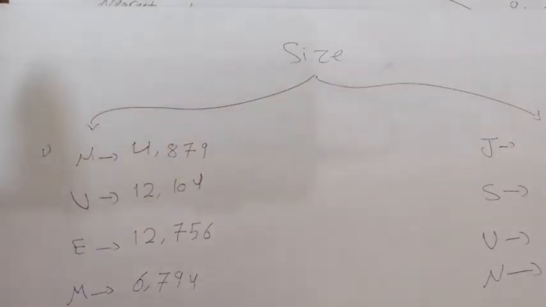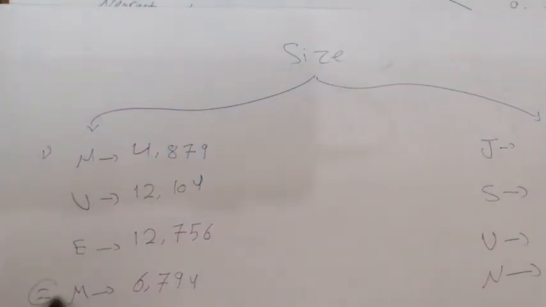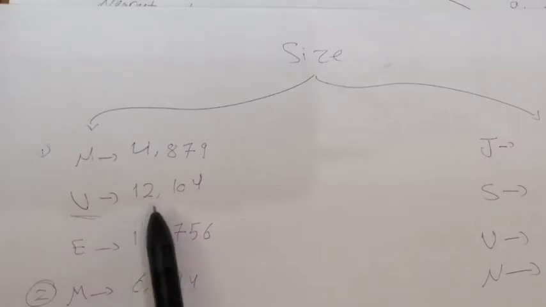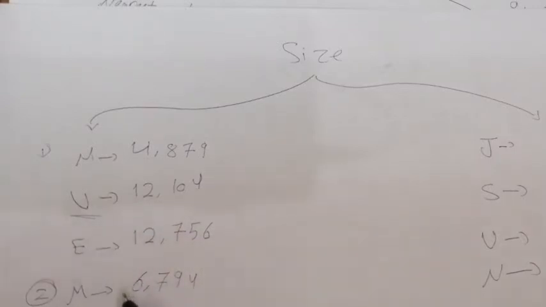Okay, I'm talking about the size, by the way. Then, what is the second smallest planet in size? Mars, not Venus. Okay, why? Because Mars is 6,794, Venus 12,000. So Venus is bigger than Mars.